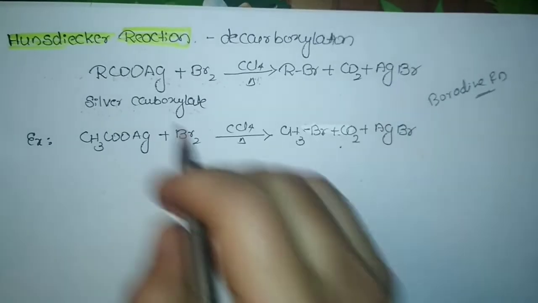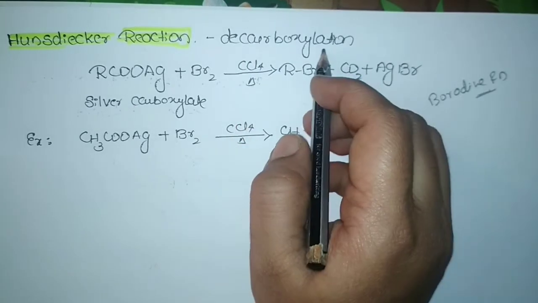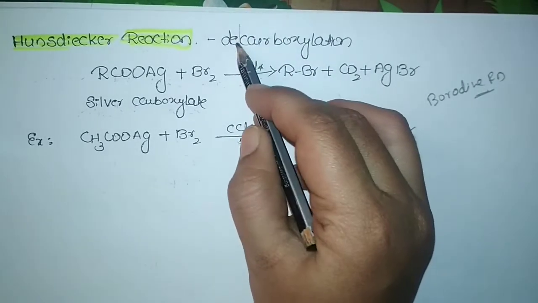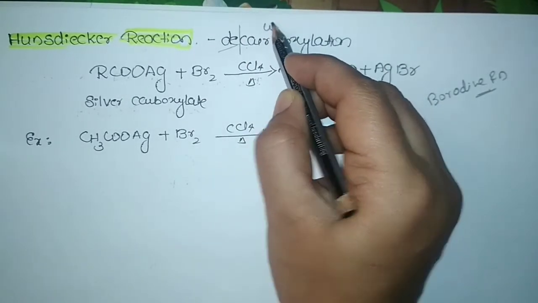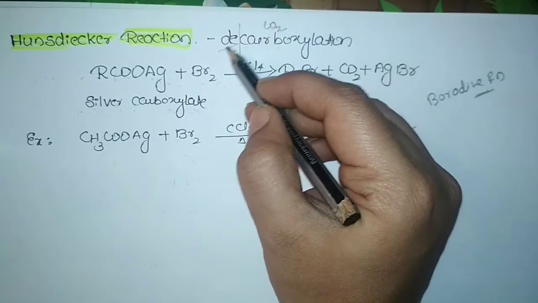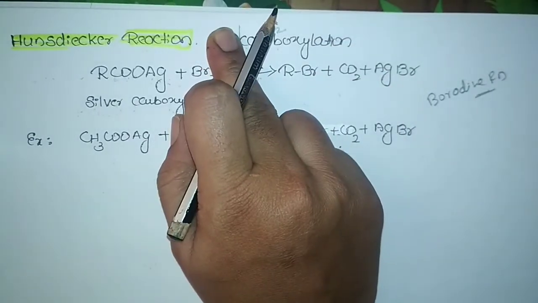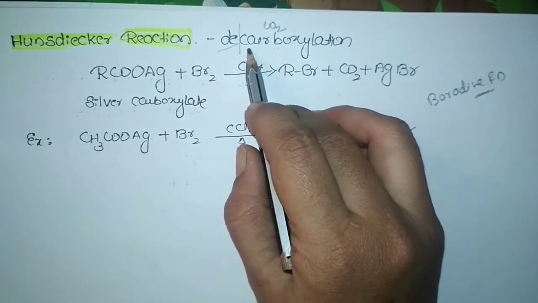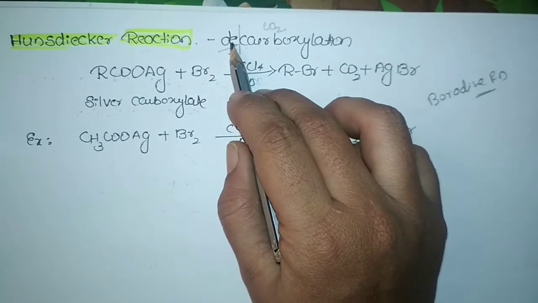Here, it is a decarboxylation reaction. What do you mean by decarboxylation? De means to remove, and carboxylation refers to carbon dioxide, so it indicates the removal of carbon dioxide. If I use only carboxylation, it is an addition of carbon dioxide. The word de represents removal elsewhere too.